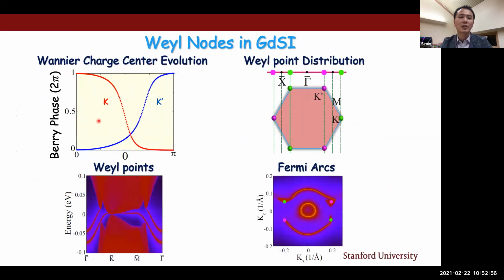We also calculate the chiral charge of the Weyl points. For the Weyl point located above the K point, the Wannier charge center shifts downwards, which means the charge of this Weyl point is -1. This is the summary of the Weyl point distribution in the half Brillouin zone with Kz greater than 0.